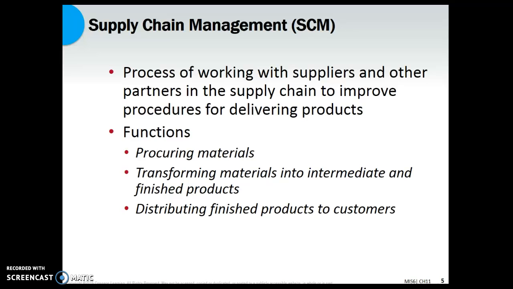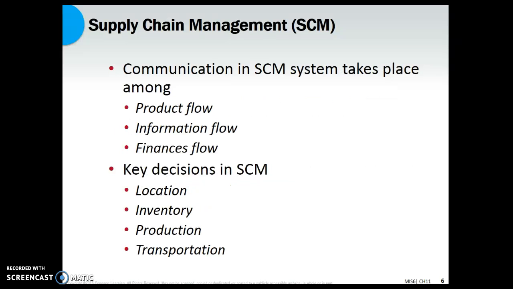And what supply chain management does is it is a process of working with suppliers and other partners to develop and improve procedures for delivering products. Its functions are to procure materials, transfer materials, and distribute finished products to customers.